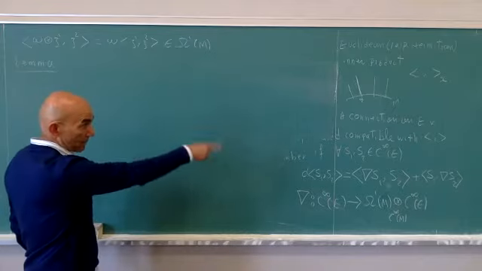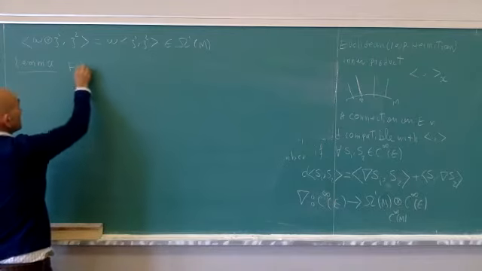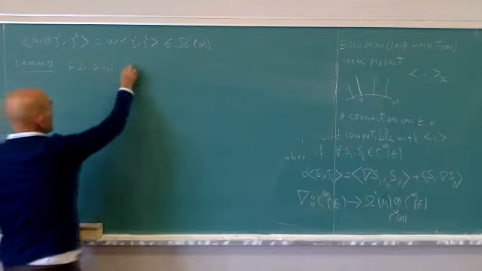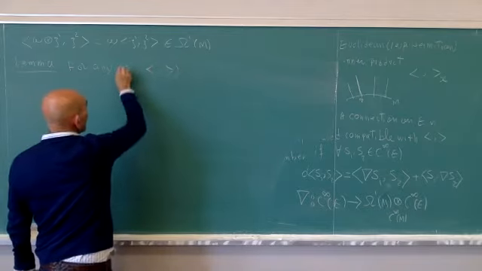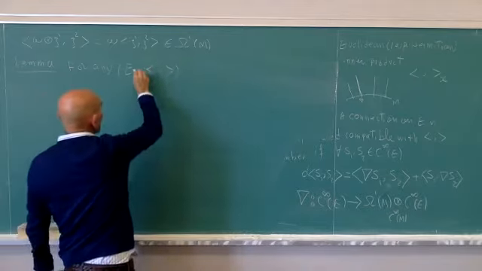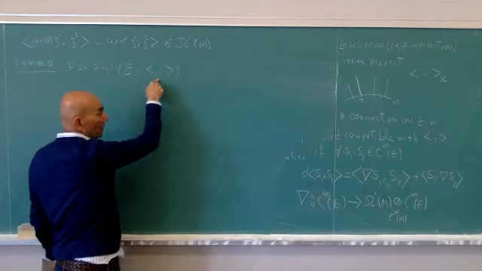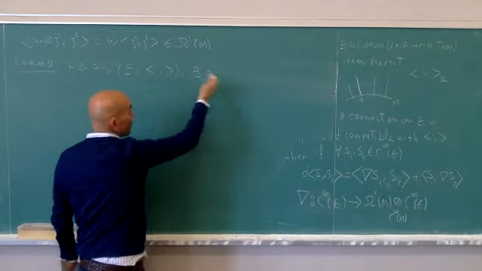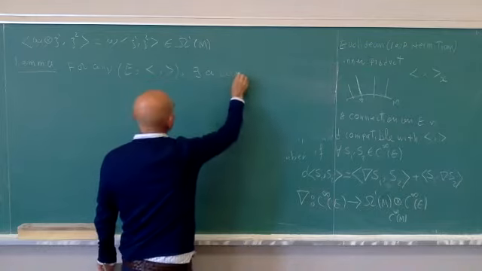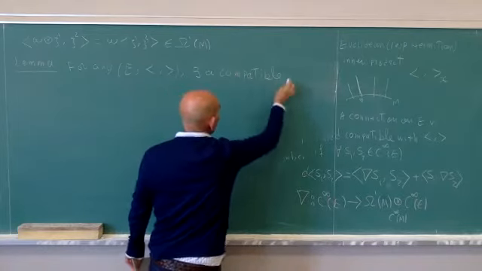For any vector bundle E equipped with an inner product, either Euclidean or Hermitian, there exists a compatible connection.